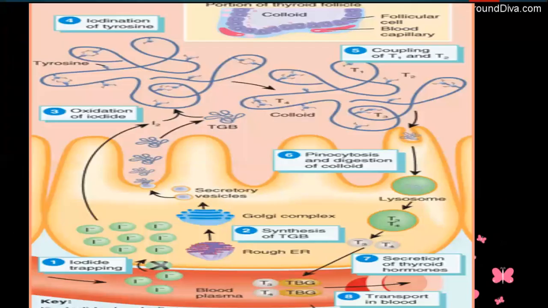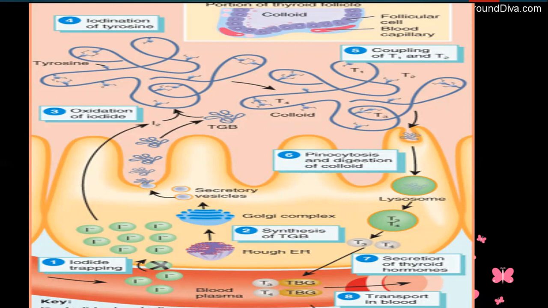The first step is iodide trapping. What is trapping? If we are picking up anything, that is called trapping. Iodine is one of the main building blocks of the hormones.